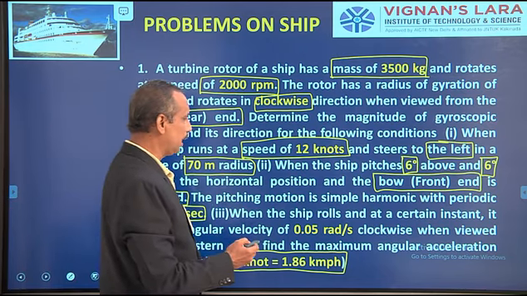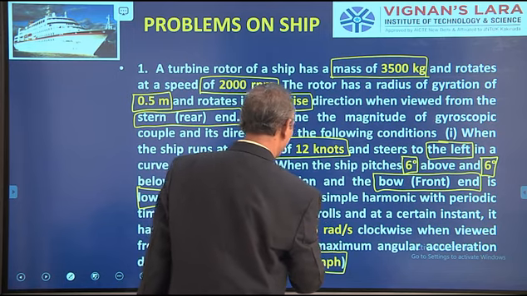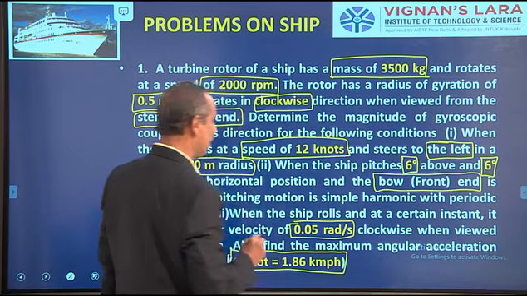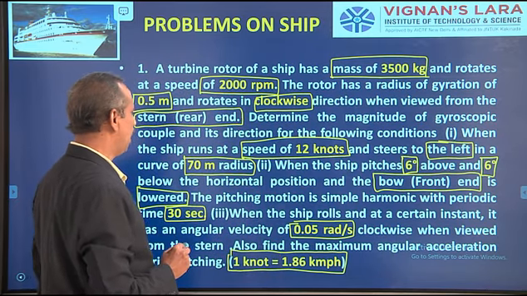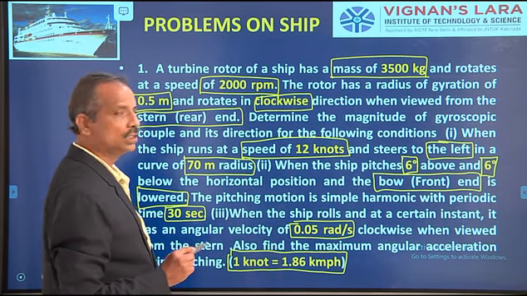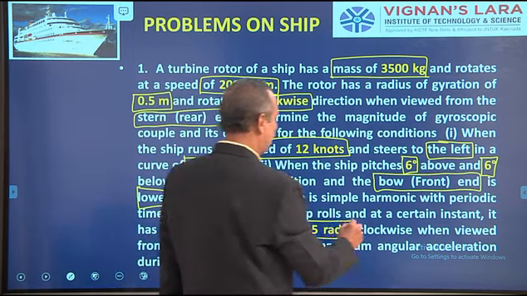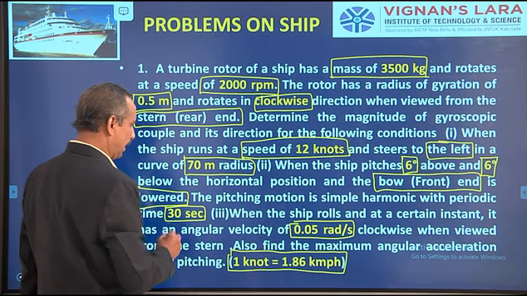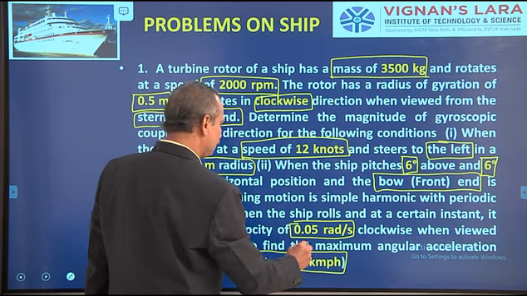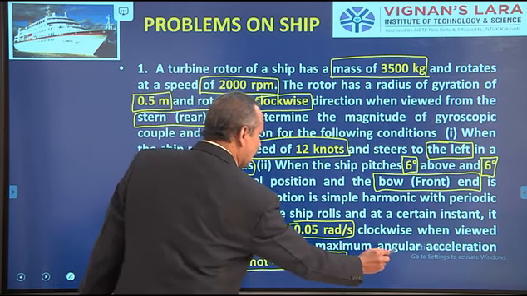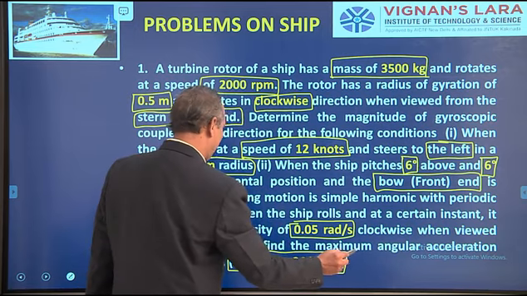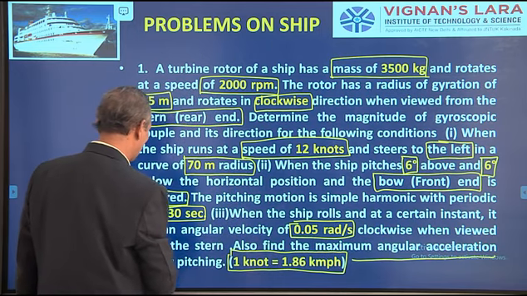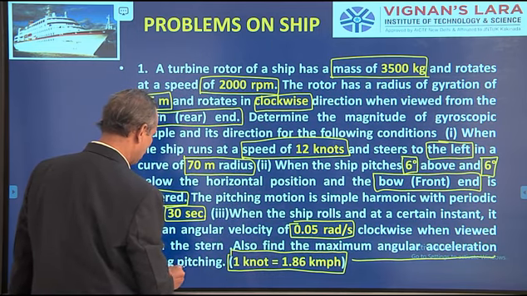Then part 3 data, the rolling phenomenon, where the angular velocity is 0.05 radians per second, that is the precessional velocity, and it is clockwise looking from the stern. That is the other part, and finally you are supposed to find the maximum angular acceleration during pitching.